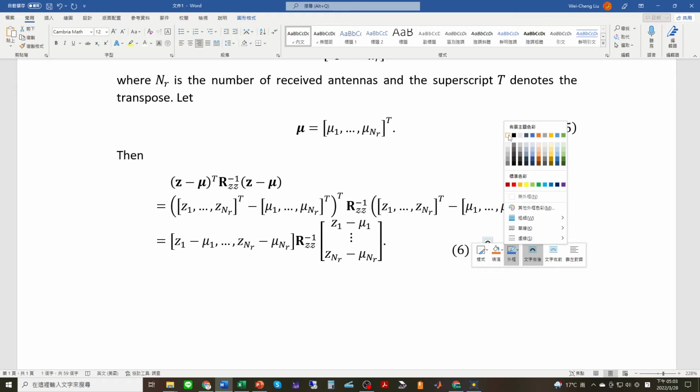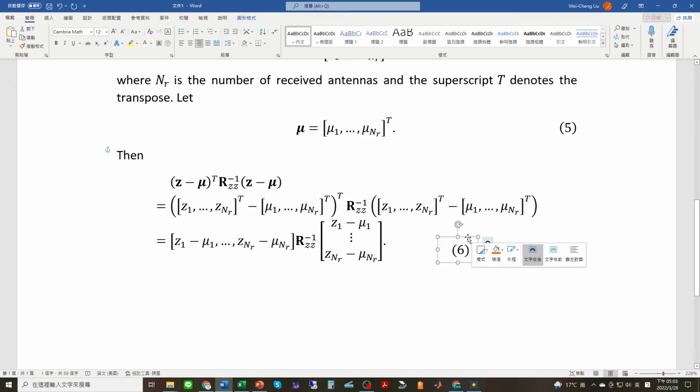No line here, and place it to right. Okay, good.